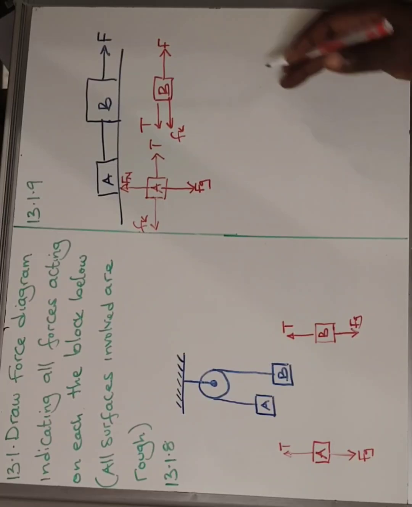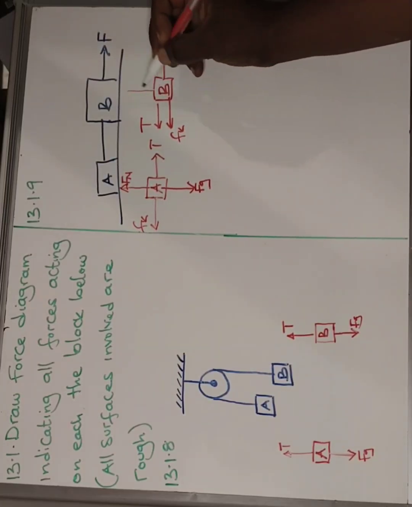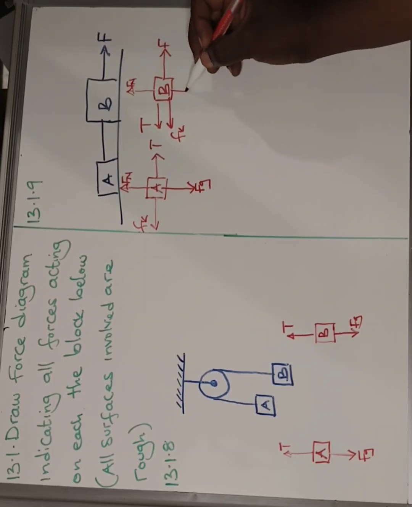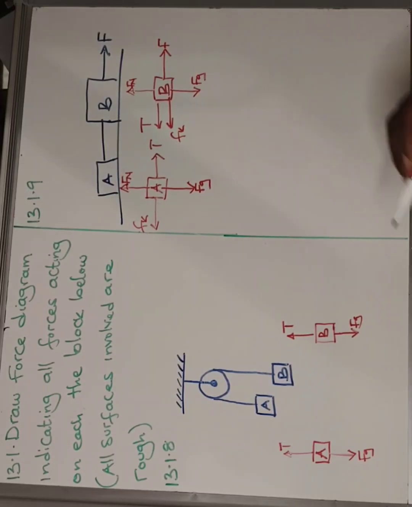It is sitting on the ground, so that one causes Fn, and our traditional Fg. Those are the force diagrams of A and B.